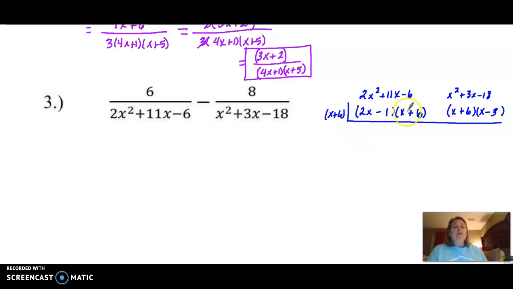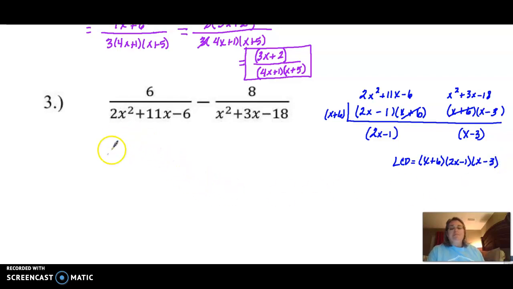Okay, so my x plus 6 is gone, and I have a 2x minus 1. My x plus 6 is gone, and I have an x minus 3. So, least common denominator is x plus 6 times 2x minus 1 times x minus 3.